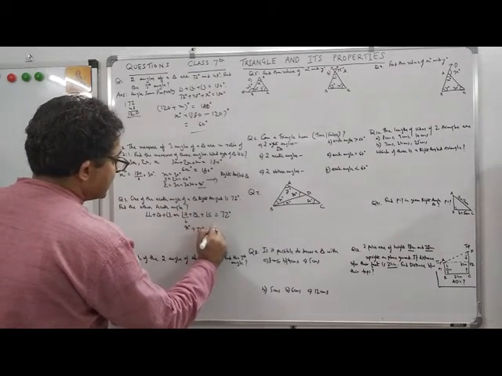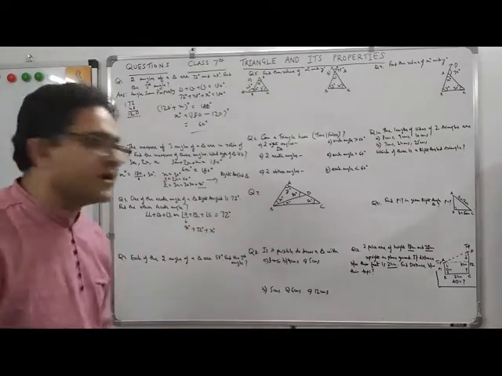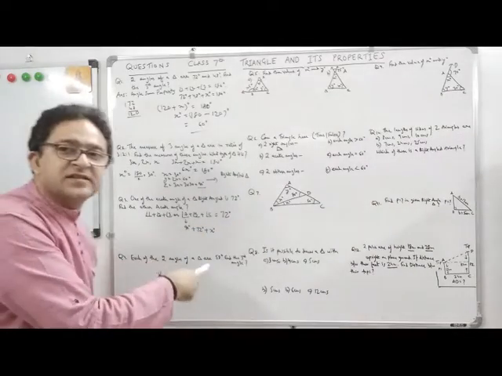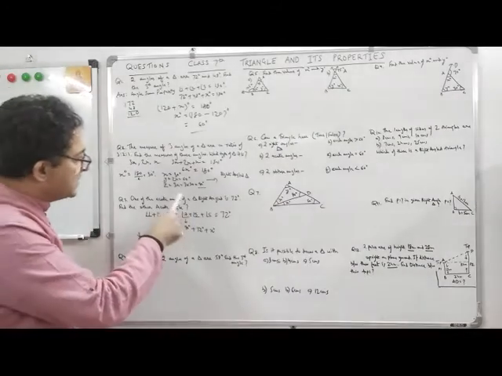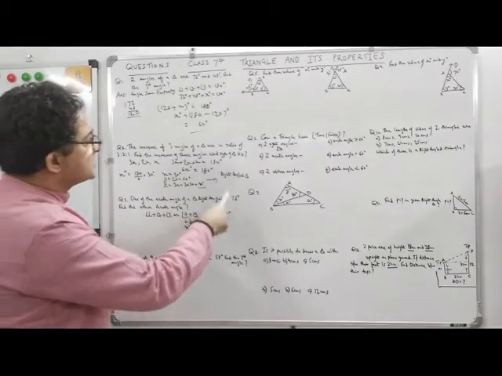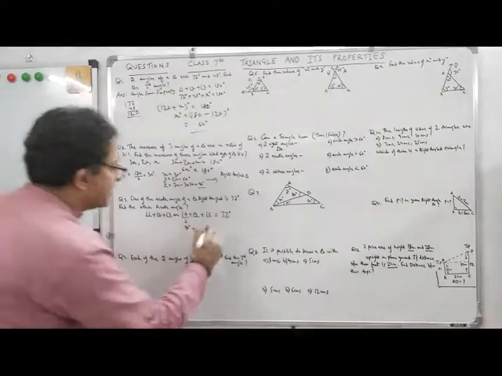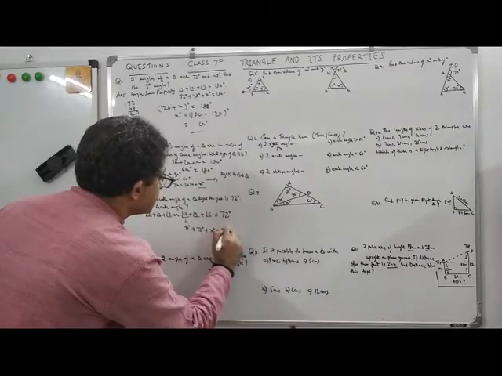And let's assume this angle C to be x degrees, because we want to calculate the other acute angle. So let's assume 90 degrees as A, B as 72 degrees, because it is given. One of the acute angles of a right angle triangle is 72 given, and the third angle has to be calculated.